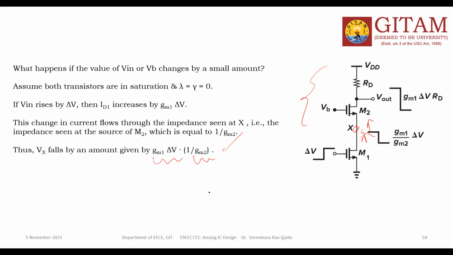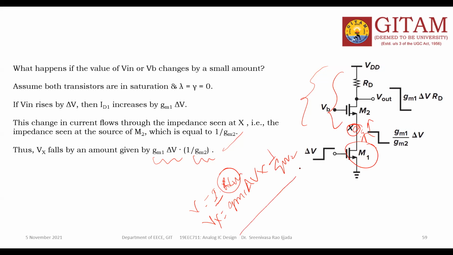Impedance and current are multiplied: I into R is equal to V. Here V means the voltage across X. So Vx is equal to I, meaning the change in current in the M1 device, which I already calculated as gm1 times delta V. Now impedance R of this device is 1 by gm2.